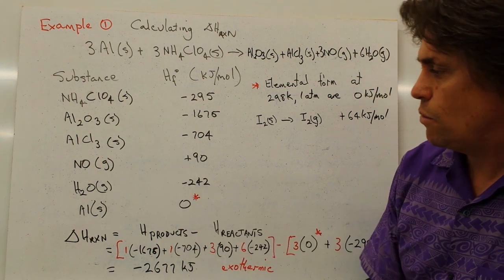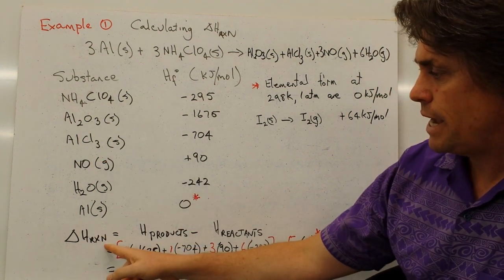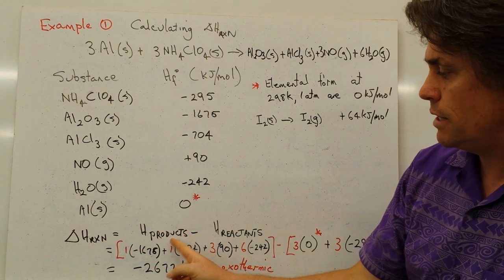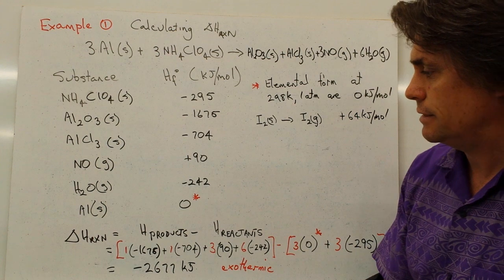So if we use our equation before, the heat of reaction for this particular reaction will be the total heat for the products minus the total heat of reactants.